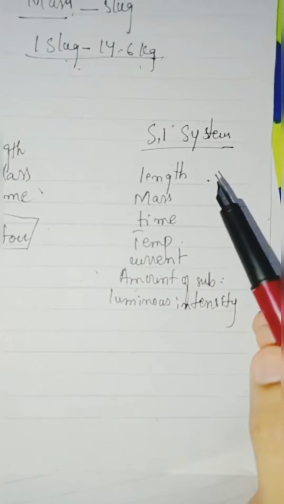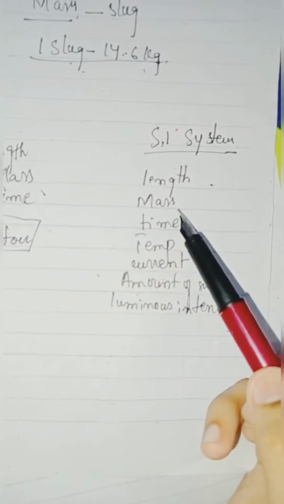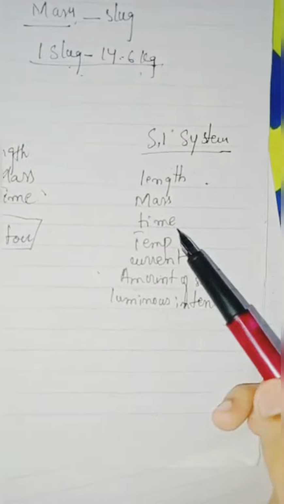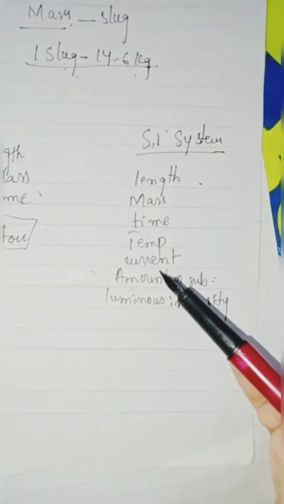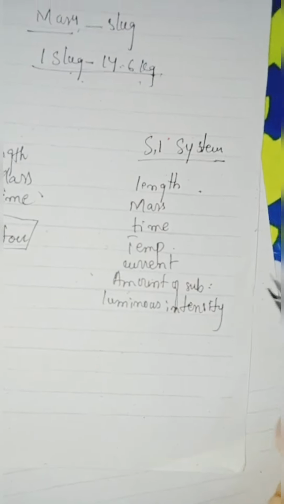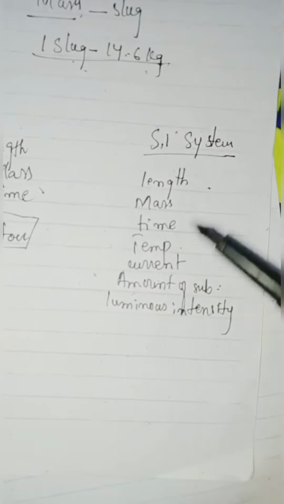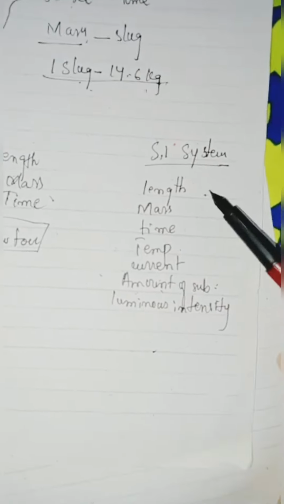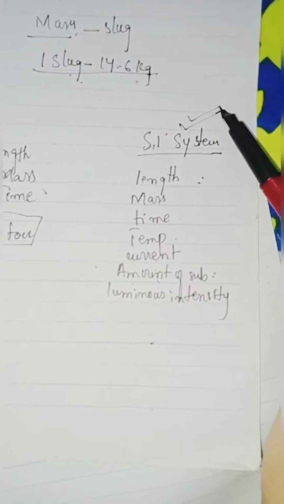The unit of length is meter, mass is kilogram, time is second, temperature is Kelvin, current is ampere, amount of substance is mole, and luminous intensity is candela. These are the seven fundamental quantities in SI system, which is the system currently in use.